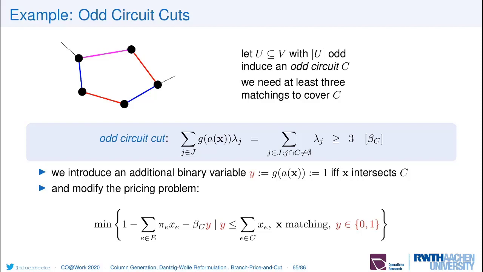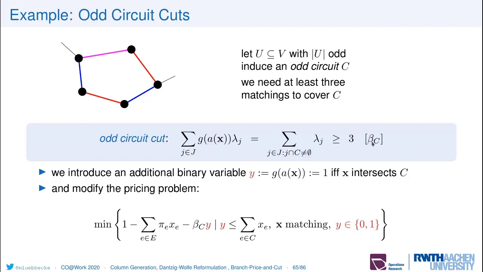Okay, so this is what the picture says, and this is what the odd cycle cut, the odd circuit cut, says. So from all the matchings I could select, I look at those matchings which intersect the cycle. So this is how you should read that here. And I should take at least 3. This is an inequality I can put into the master problem.